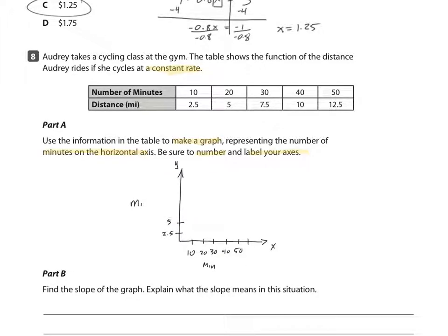So 5, 7.5, 10, and 12.5. Now the only thing we need to do is graph it. So we're going to graph our straight line. Okay, so it's supposed to look something like this. Try to keep it as straight as possible.